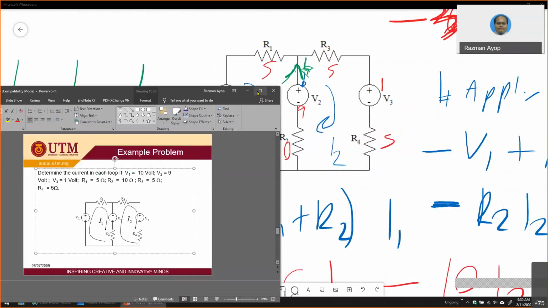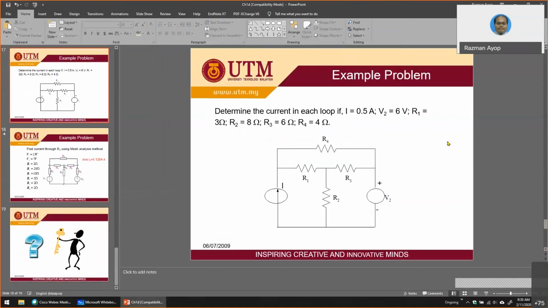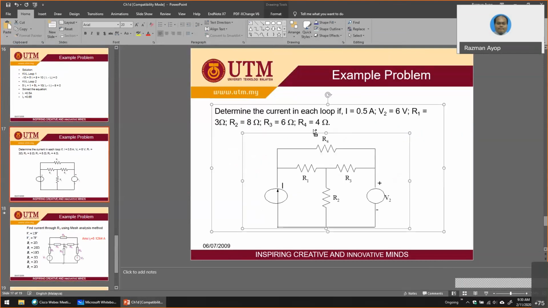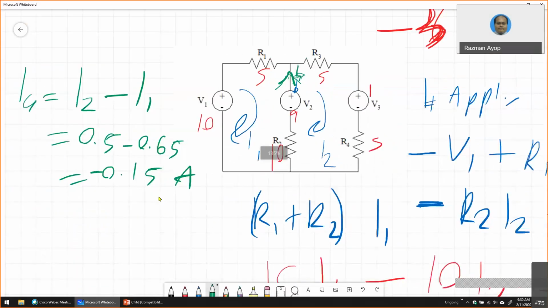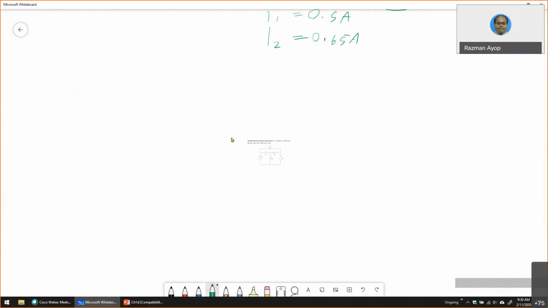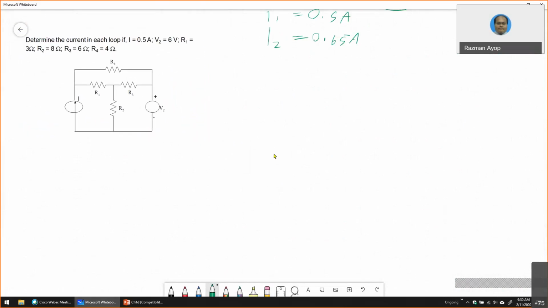Okay, we look at another example, the last example. If you look here, there is a current source.